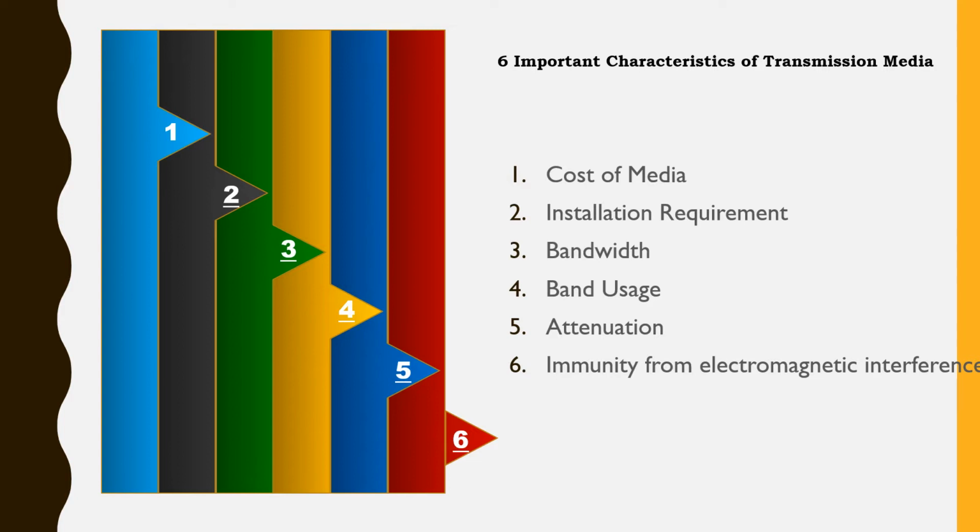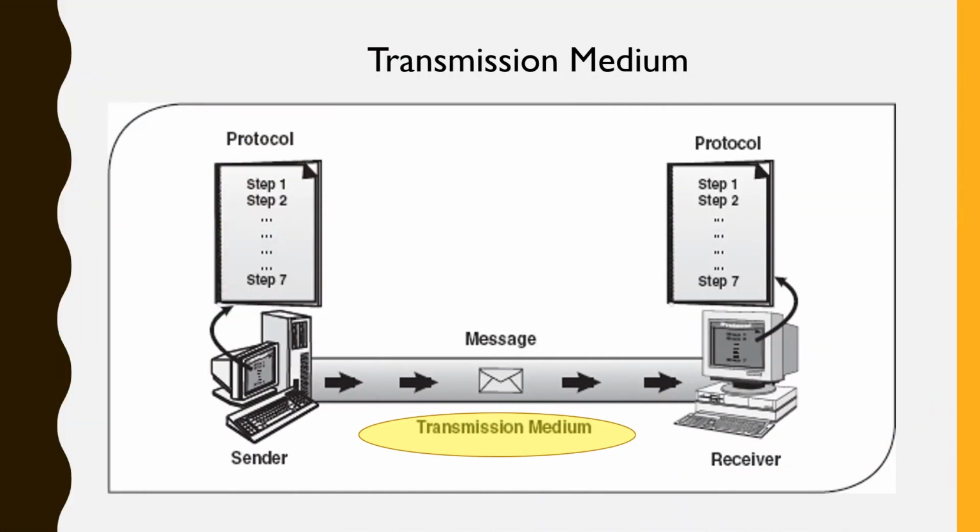But before discussing these 6 important basic characteristics, we will look at what exactly transmission media is in short and where it is used. The next slide shows you where transmission media exists. This is a simple diagram of the transmission media, shown at the bottom, and the arrow shows this is all about transmission media.